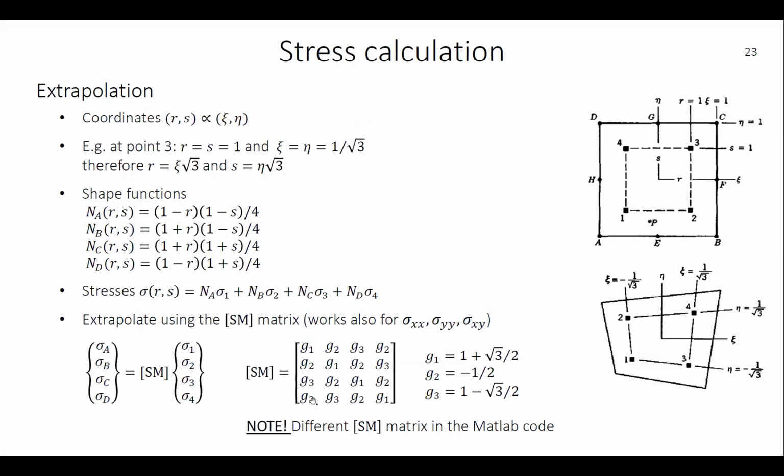So it only contains 3 components, which are given here as G1, G2, and G3, the Gauss components 1, 2, and 3. And the same applies for the different stress components. So in plane stress or plane strain applications, you have 3 components. You have the longitudinal and axial stresses, sigma x and sigma y, and then you have the shear stress.